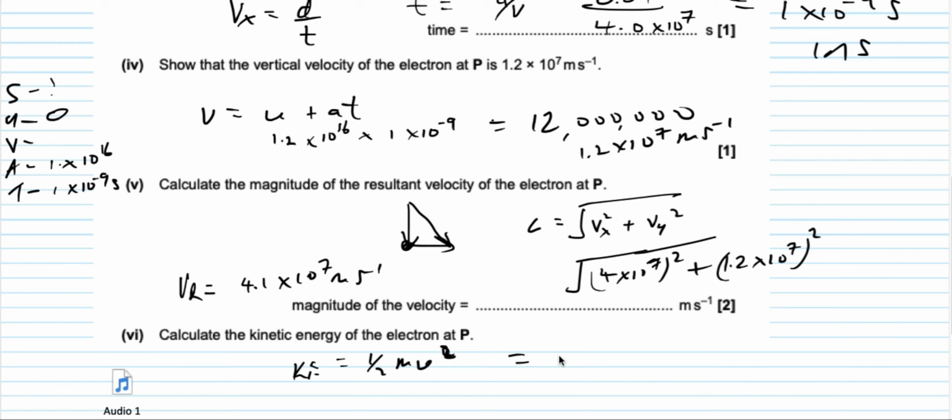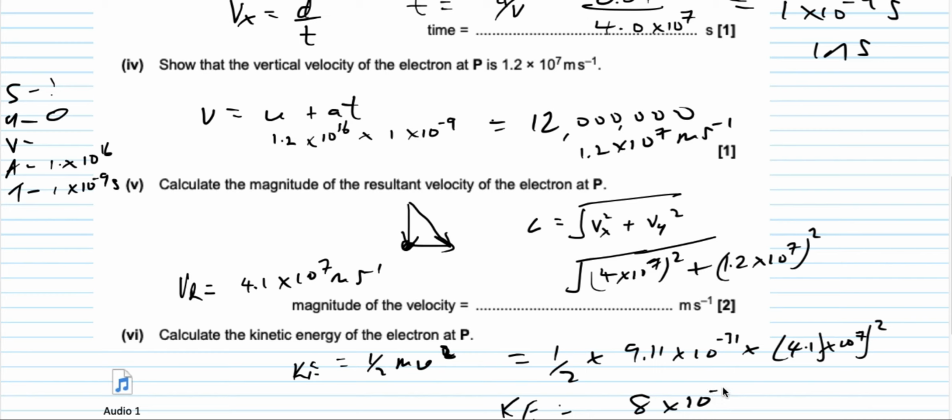So a half times the mass of the electron times v squared, where v in this case is 4.1 times 10 to the 7, all of that being squared. Once we work that out, we should get a value to say that our kinetic energy is 8 times 10 to the minus 16 joules. And that would encapsulate the different working notes surrounding this question.